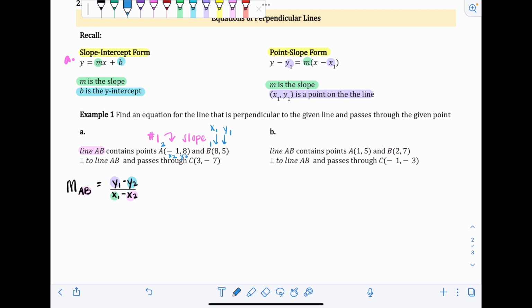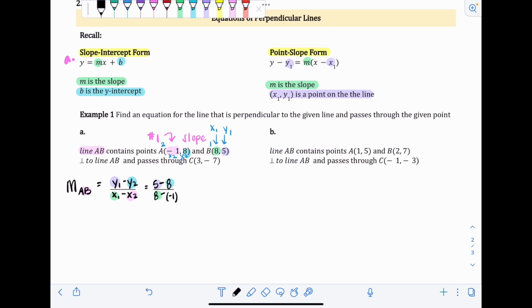Okay, so y1 is 5, and y2 is 8, and x1 is 8, and x2 is negative 1. So y1, 5, minus y2, 8, so 5 minus 8, and in the denominator, x1 was 8, and then minus x2 was negative 1.